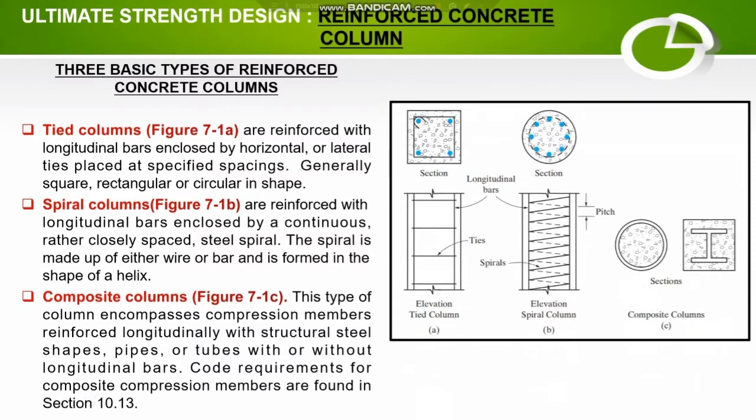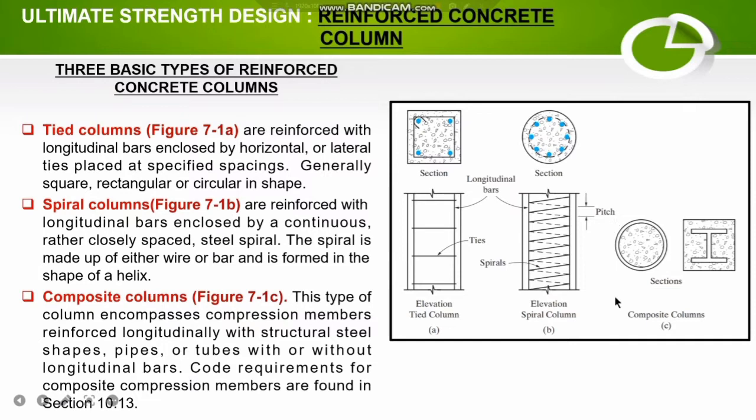So this one is an example of a tied column, which is reinforced, of course, by longitudinal bars, and it is laterally reinforced with a lateral tie or a confinement hook. And this picture is an example of a spiral column, which is reinforced by longitudinal bars and laterally reinforced with a continuous spiral.